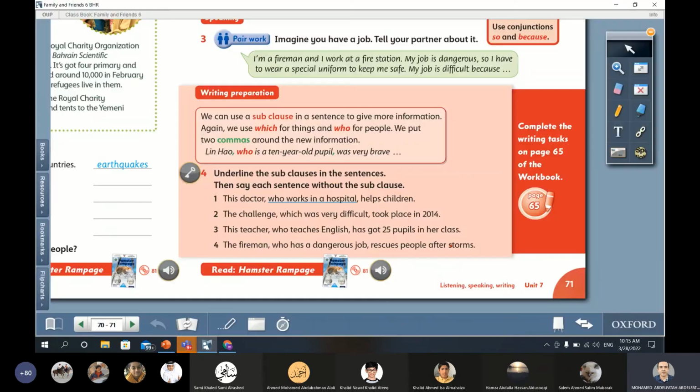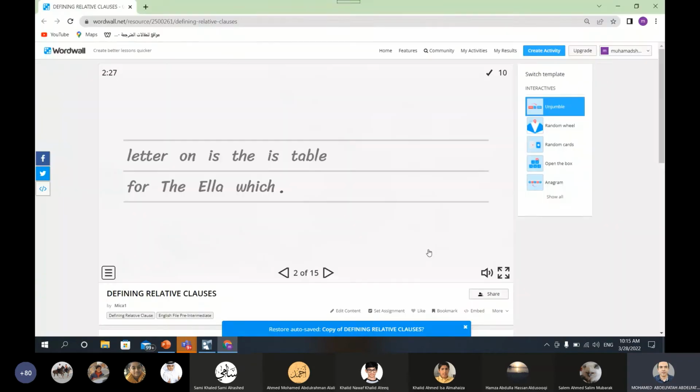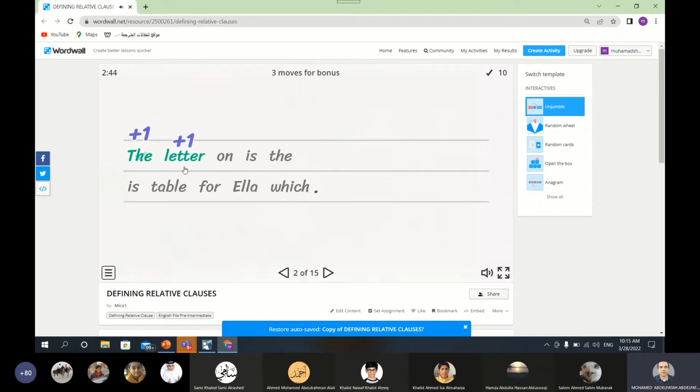So let's go to Salim. Salim, let's do number 2. Here I have got some separate words. Letter, on, is, the, is, table, for, the, which. I will help you to start with the letter. The letter what?